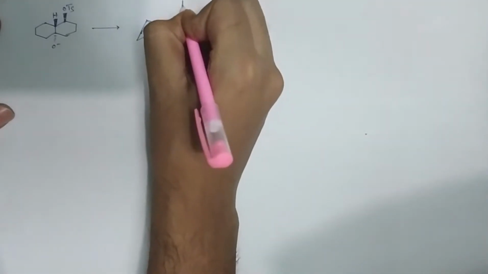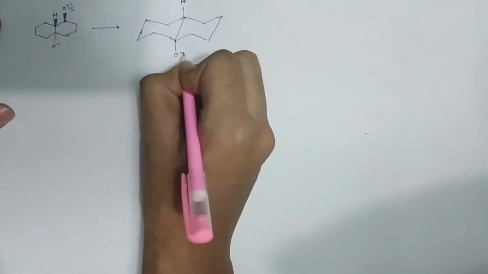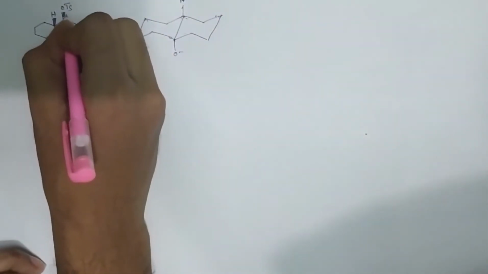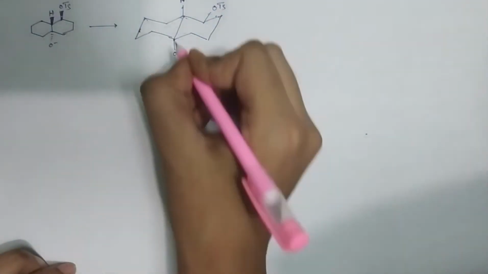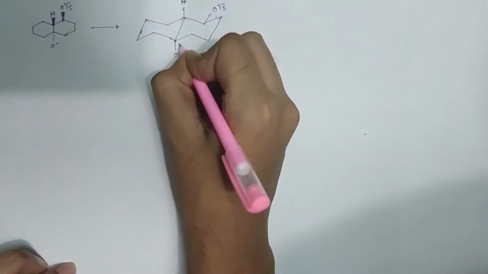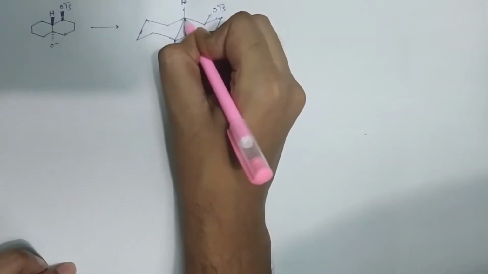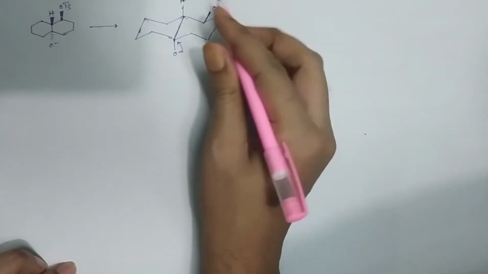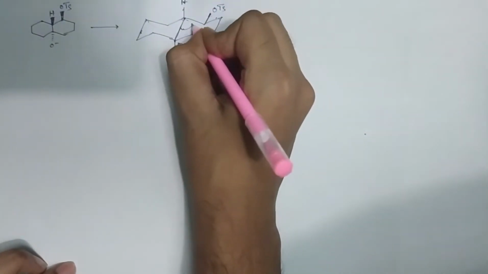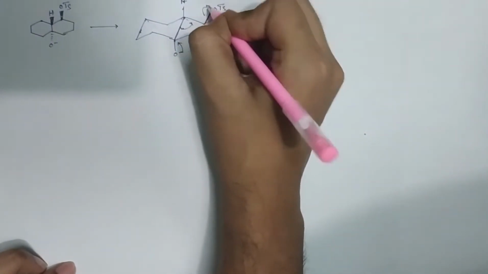Okay, so this is hydrogen, this is O minus, and this OTS is up, so this will be in here. So what happens, this O minus pushes back, this bond and these bonds are in parallel position, so the cleavage will be from this end, this goes here, this backs here.